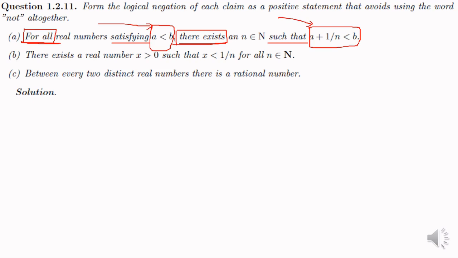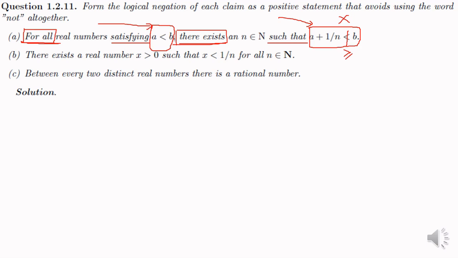So when we negate it, we have to say that if the first condition is satisfied, the second condition will not be satisfied. So here we have to negate like: if a is less than b, a plus 1 by n is not less than b. Not less than b means greater than or equal to b.